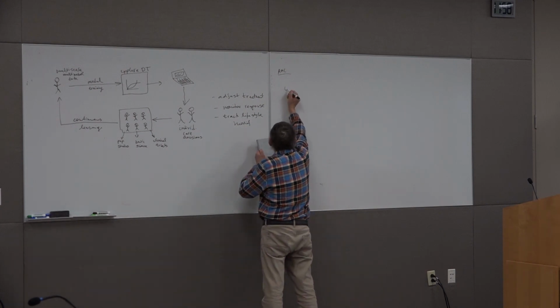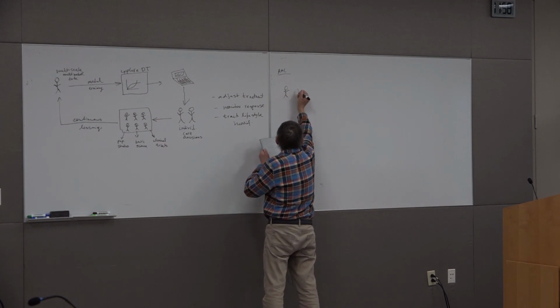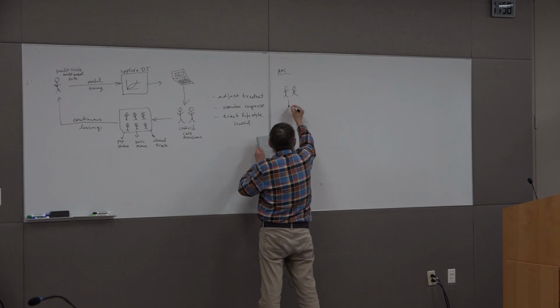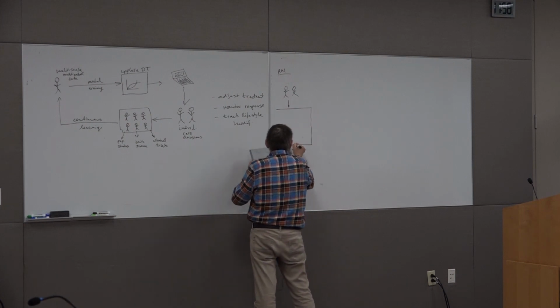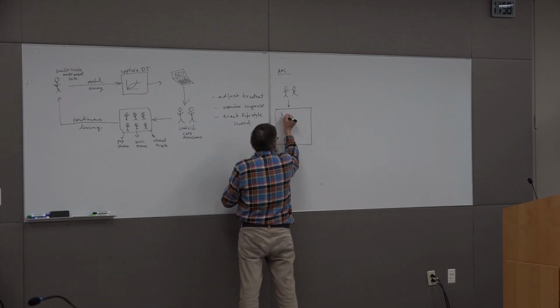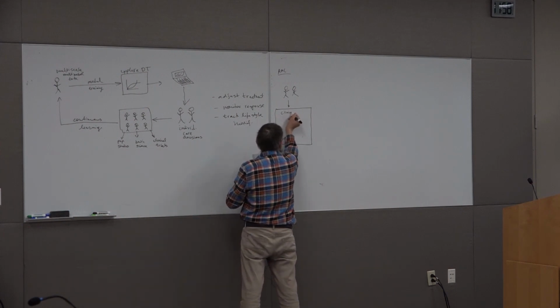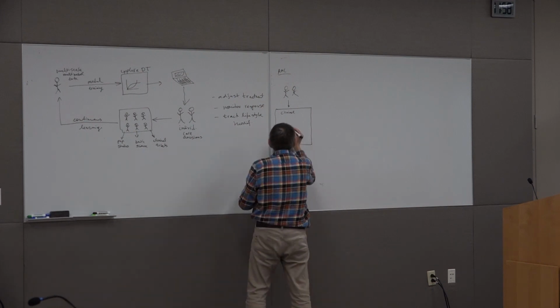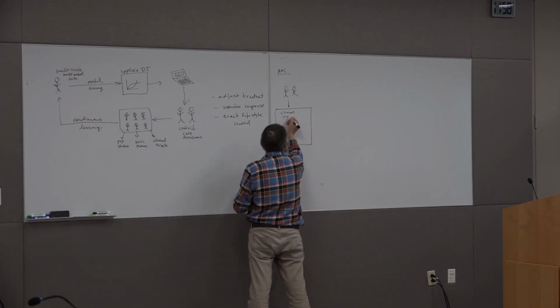So again, here's the patient and the doctor. For the patient, there are various kinds of data types. So there's clinical data, as I mentioned, from peripheral blood and from bone marrow. There is flow cytometry.